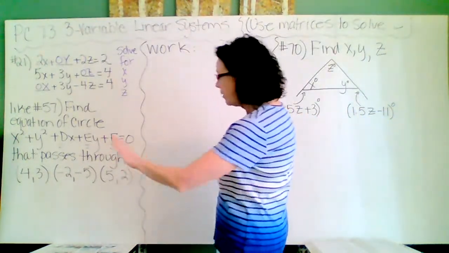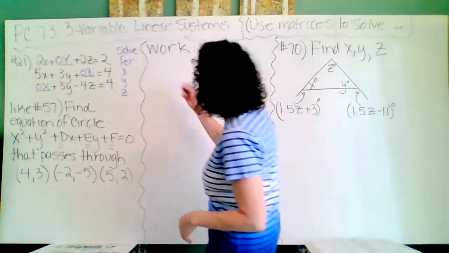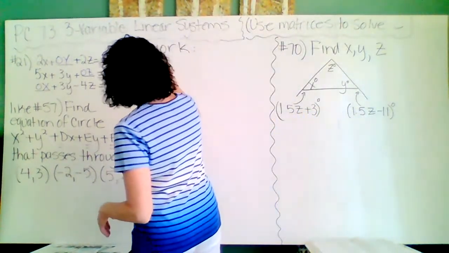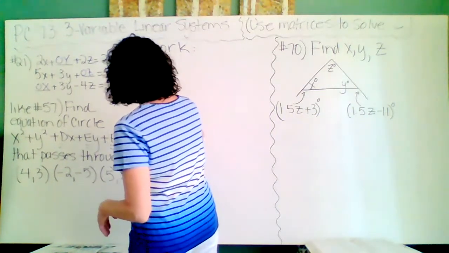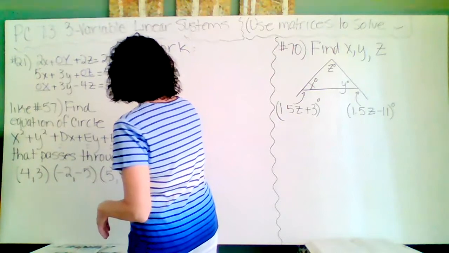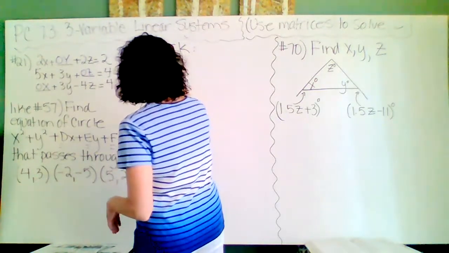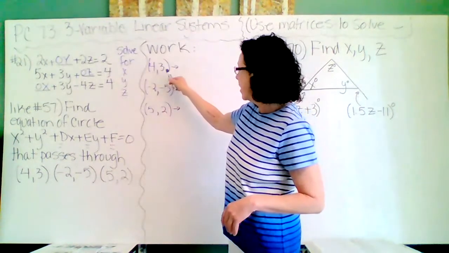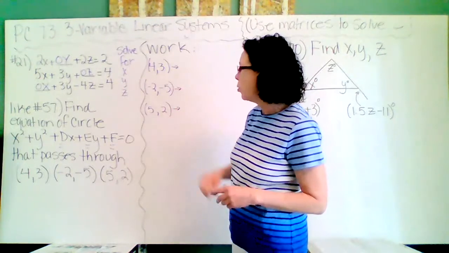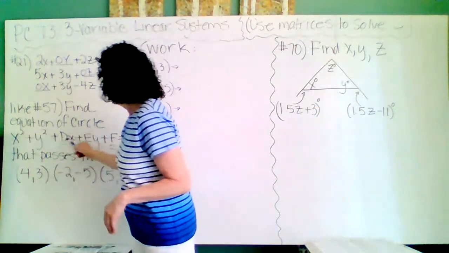So what happens then is we have an equation associated with each one of these points. The points 4, 3, -2, -5, and 5, 2. Okay, so let's do this carefully. Notice that my X is 4 and my Y is 3. So wherever I see an X, I'm going to put in a 4.